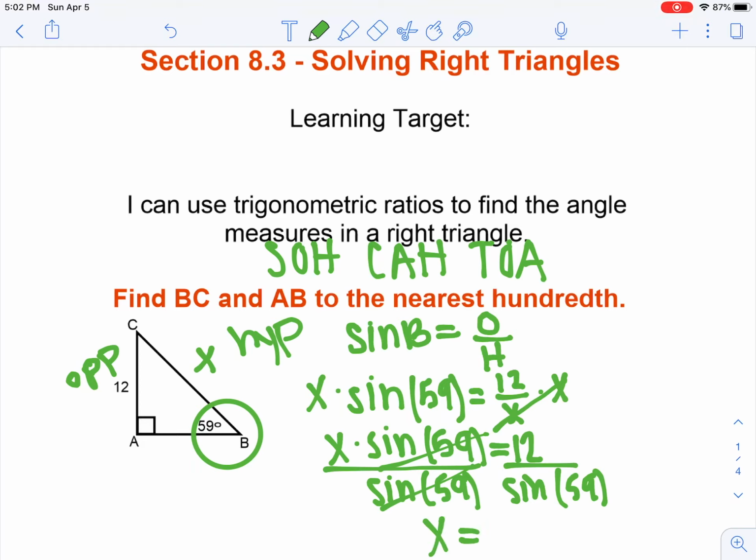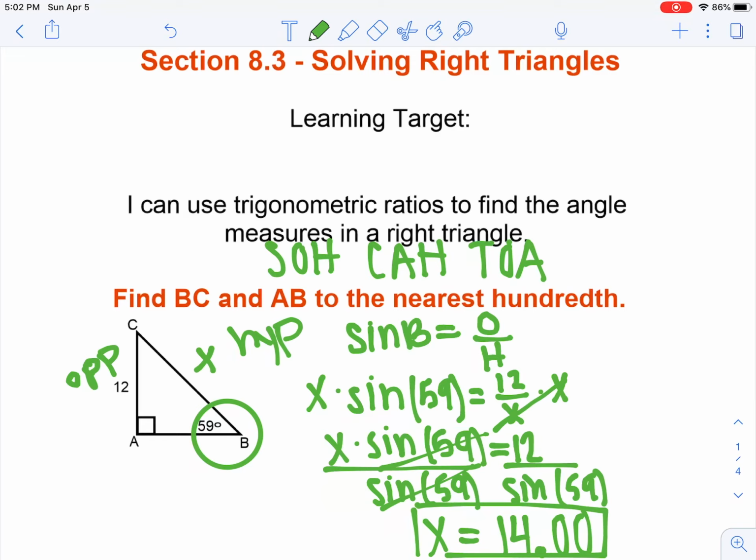And remember, our directions said we can round to the nearest hundredth. So X equals 14.00. In your calculator, you should see 13.999 and so on, so we would round that up to 14.00. That represents BC, or X.